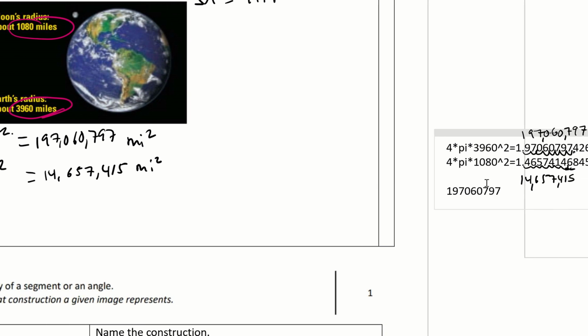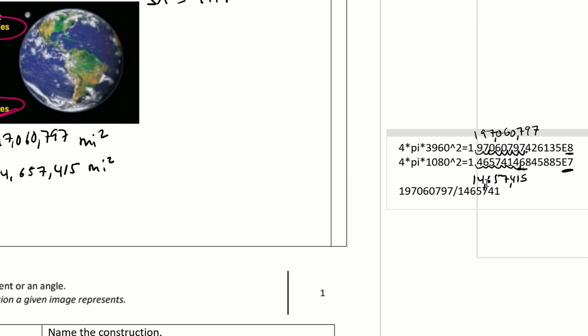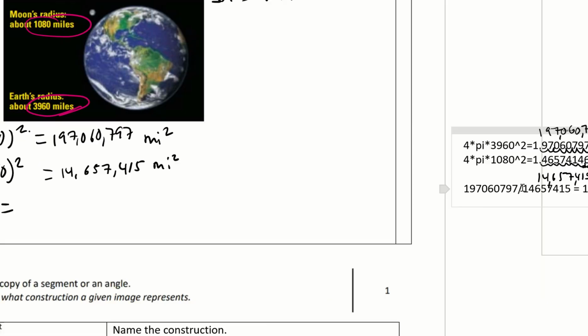So we got that, divide that by 14,657,415. We'll divide that and see what we get. Okay, so we get about 13.4.